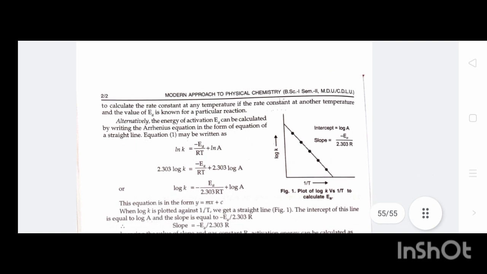Thus, knowing the values of rate constants k1 and k2 at two different temperatures T1 and T2, the value of activation energy Ea can be calculated. Equation 5 can also be used to calculate rate constant at any temperature if the rate constant at another temperature and the value of Ea is known for a particular reaction.